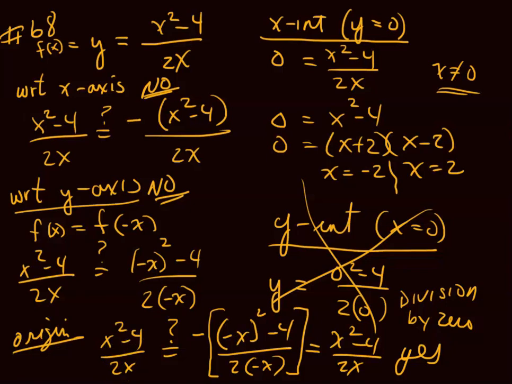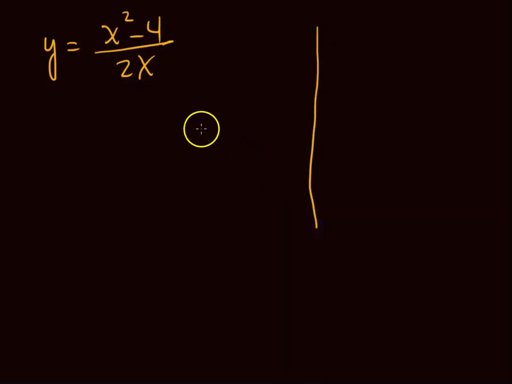Let's see how this is going to help us graph number 68. That'll help you with some other problems. So, y equals x squared minus 4 over 2x. Now, it's good to plot the x and y intercepts.